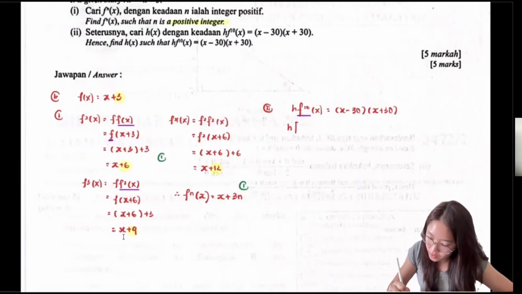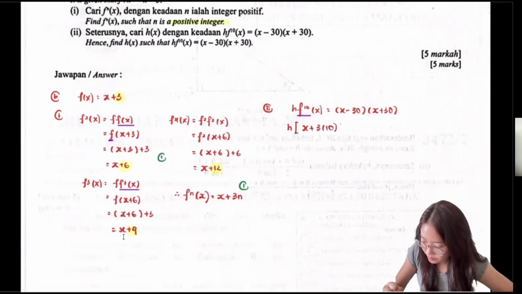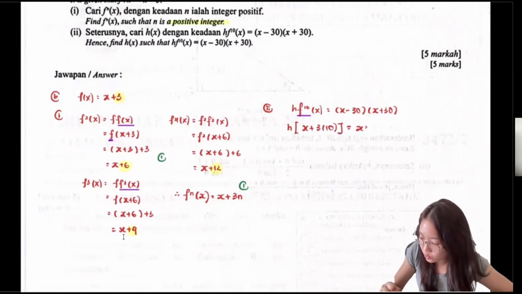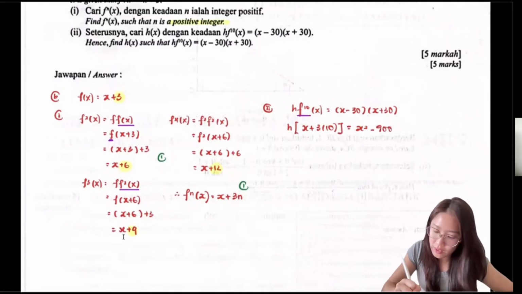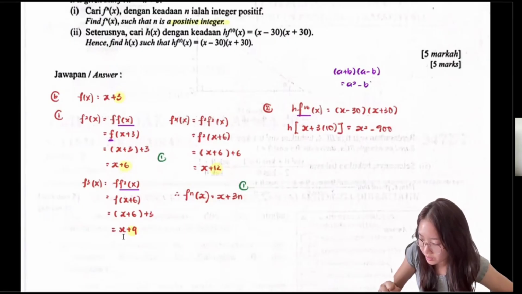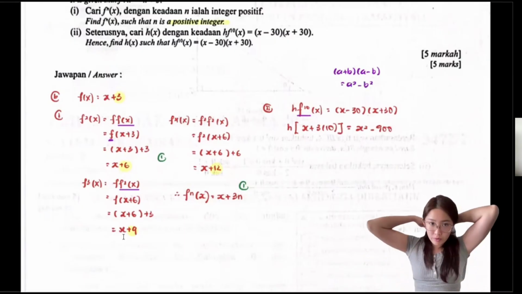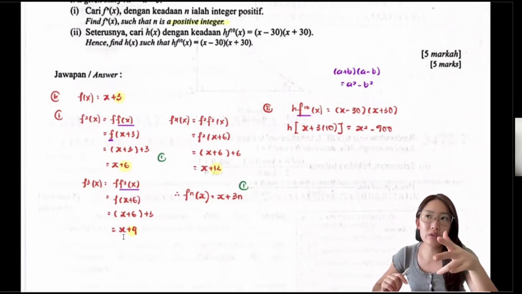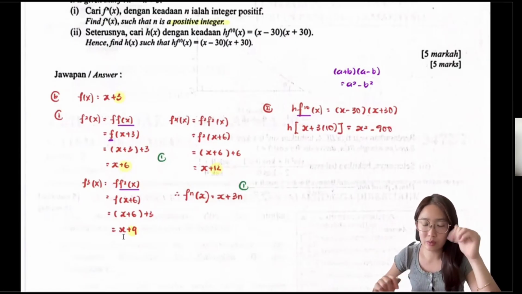According to the formula just now, it is x plus 3 times 10. Behind, x squared minus 900. Why I know this? Because this is (a plus b)(a minus b) equals to a squared minus b squared. You learn this in Form 2, and you relearn it again in your rationalization. You are using this concept.